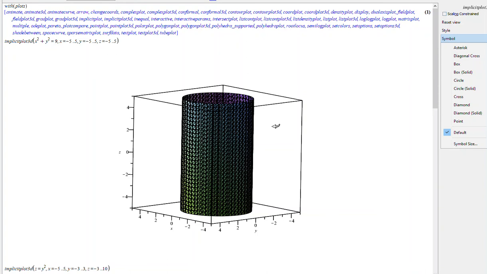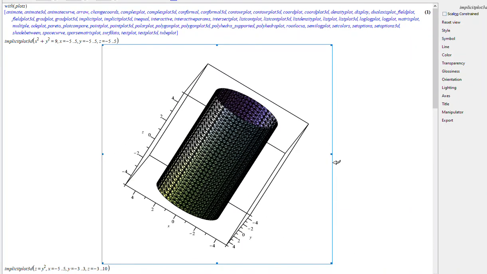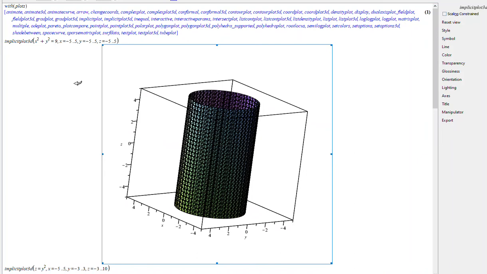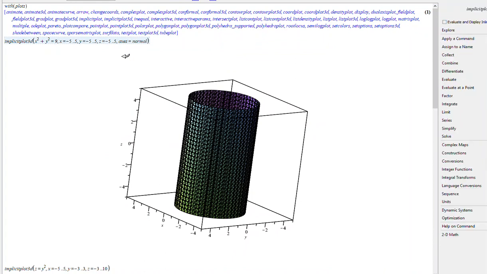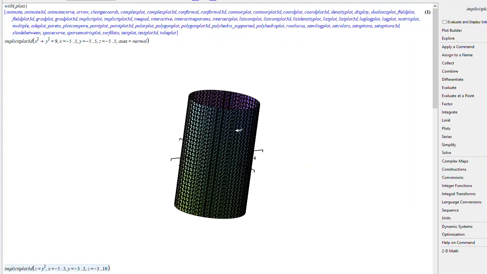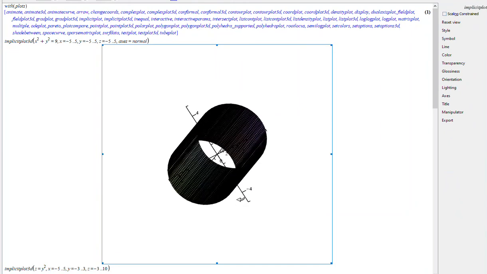And you can see over here, it's just what we graphed, right? I've got the sort of classic tin can cylinder shape. If I want to, I could even add an axis equals normal here. And then you can really see that z-axis coming right up through the center of the cylinder.